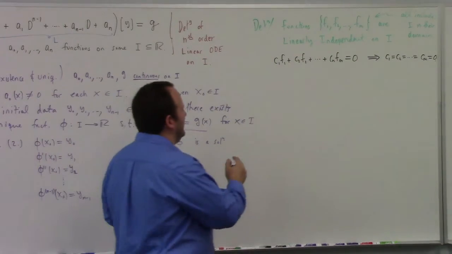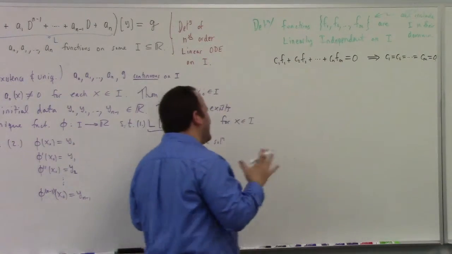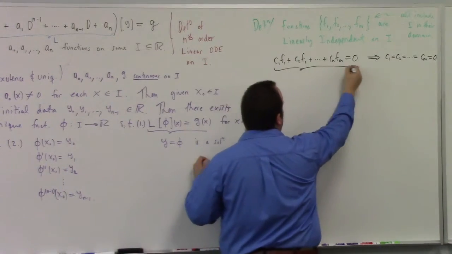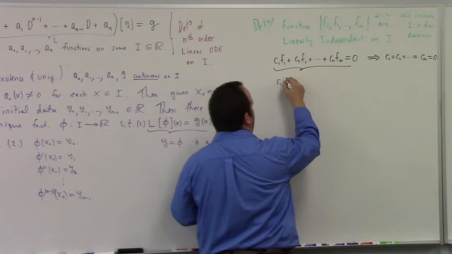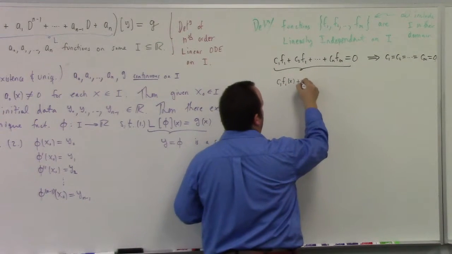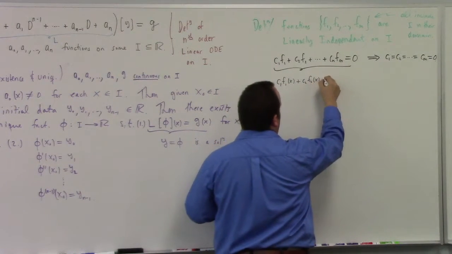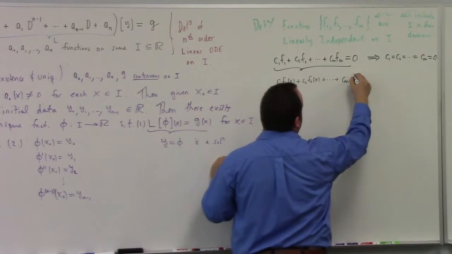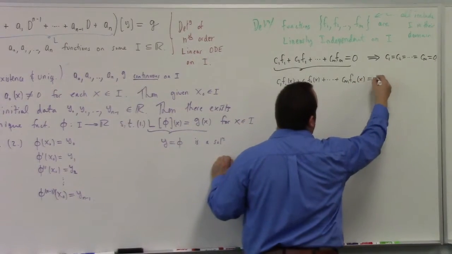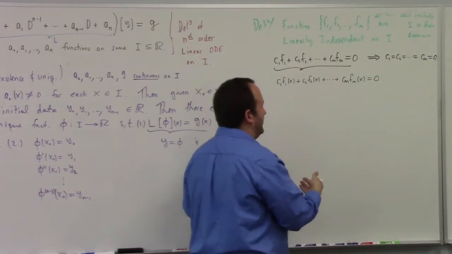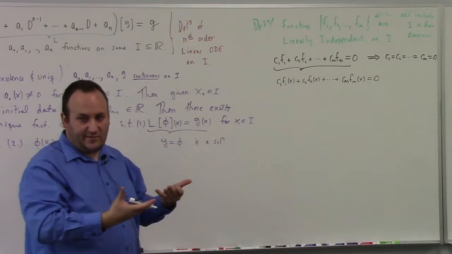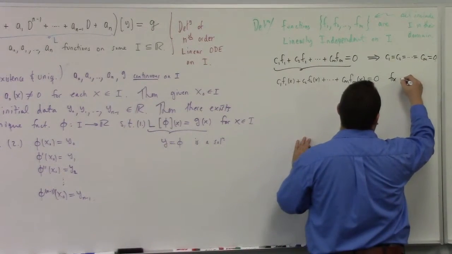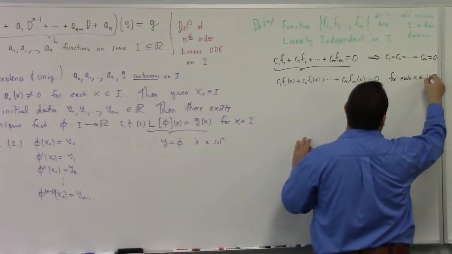This is, you should be aware, a little bit sneaky. This is a function equation. So what this really means is shorthand for something a little bit more complicated. That's an M. And for what x? It has to be 0 for each x in the interval of consideration.